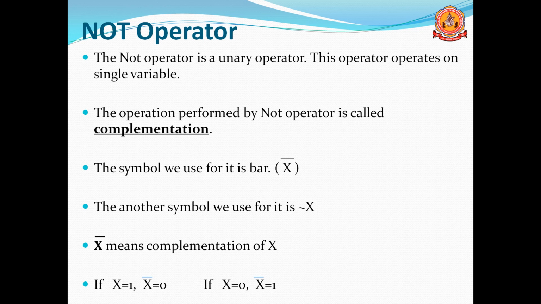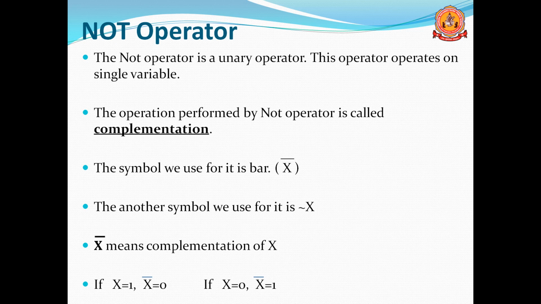So if x is equal to 0, then x bar, the negation of x or not x, is equal to 1. Remember, only two values are possible, 0 or 1. If x is 0, then x bar should be 1.